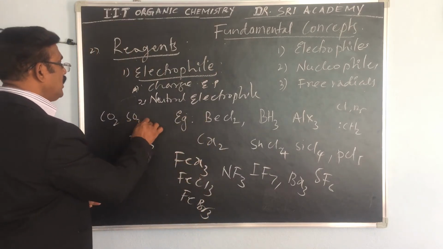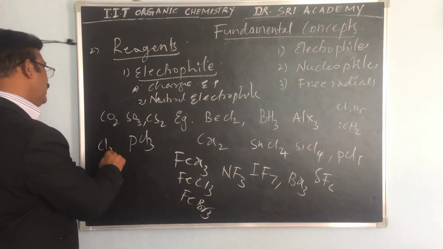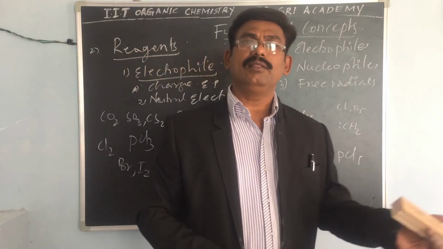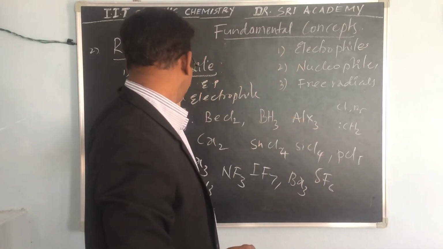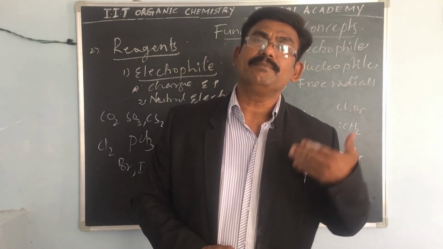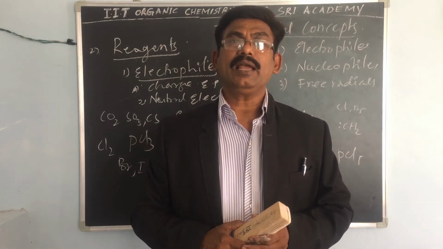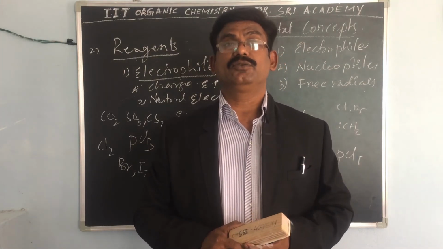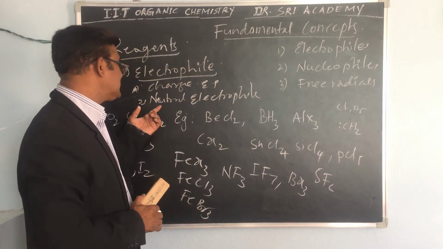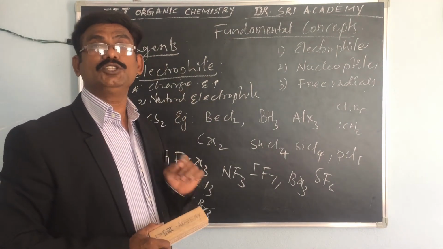All these things are neutral electrophiles, meaning neither positive nor negative, simply neutral, but they should have an incomplete octet. So these are neutral electrophiles. And charged electrophiles you already know have a positive charge.